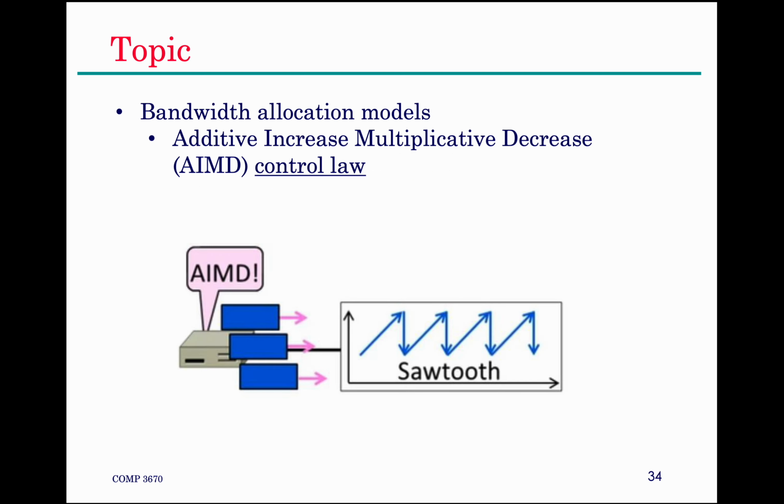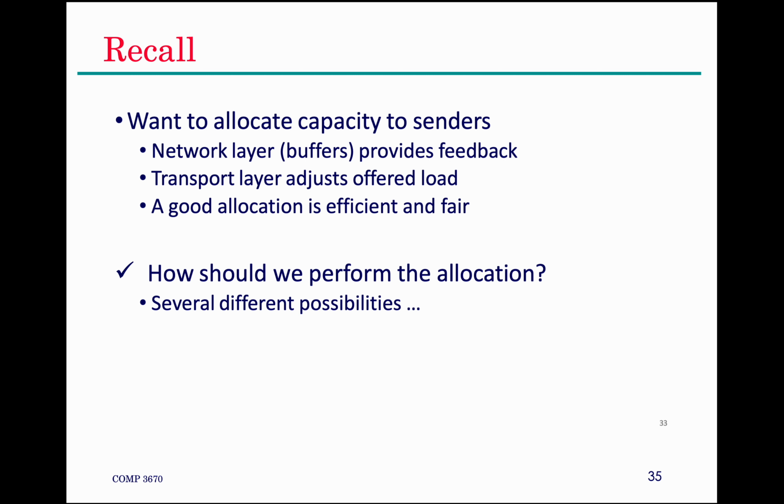So let's see what this means and let's understand what this sawtooth that they're talking about really is. Let's just recall that if we want to allocate capacity to senders, as in the hosts that you have on a machine, then the network layer is the one that's going to be responsible for providing feedback, i.e., the network layer that consists of the IP protocol, Internet Protocol, and it's responsible for routing and this kind of stuff.